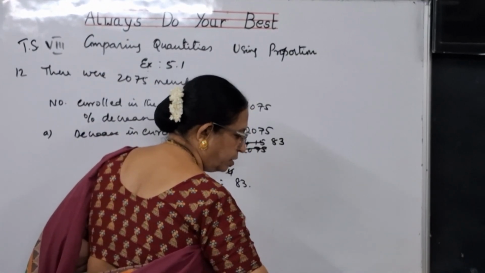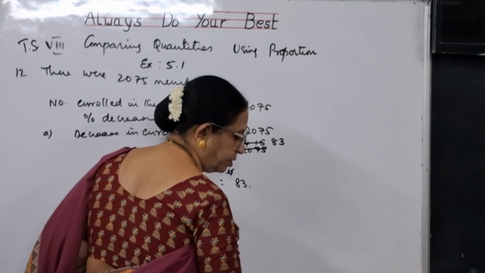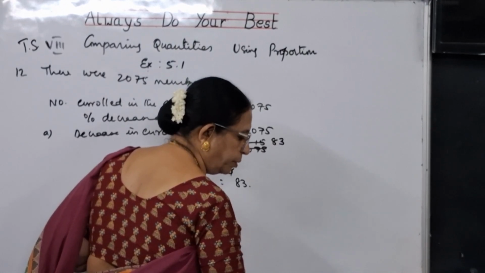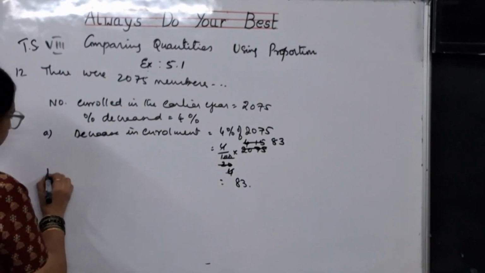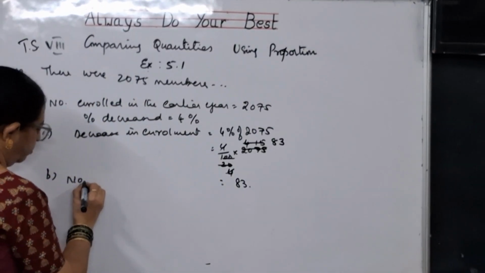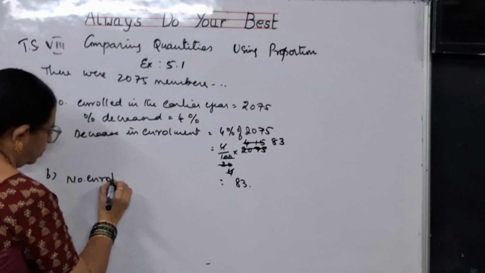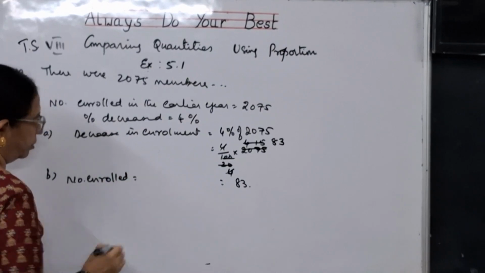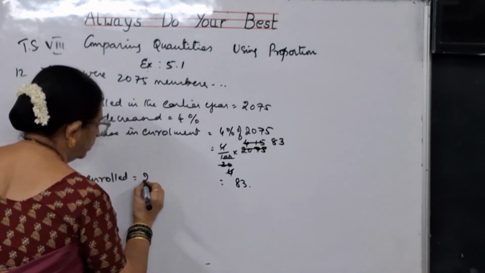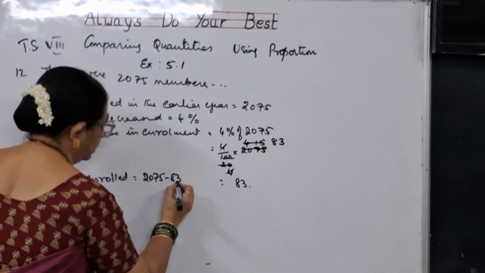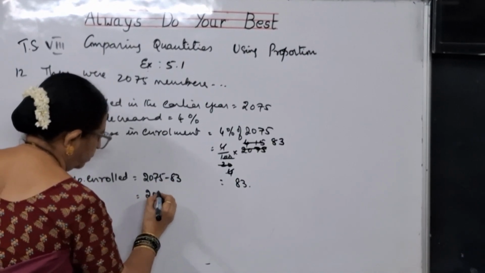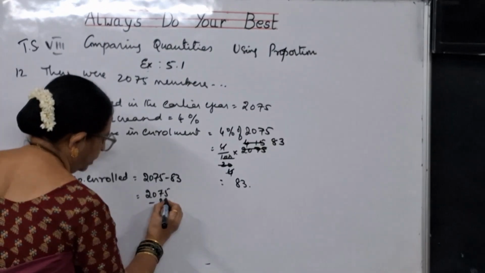So what is the next question, children? Next bit. B bit. How many members are enrolled? B bit. Number enrolled, base 2075. In that you have to reduce 83. 2075 minus 83.